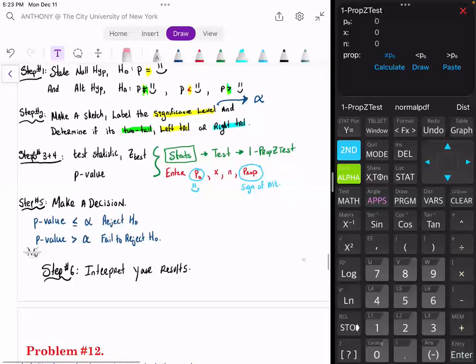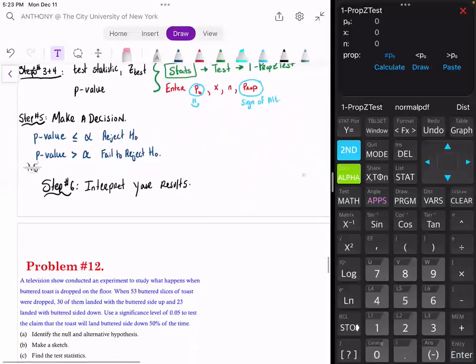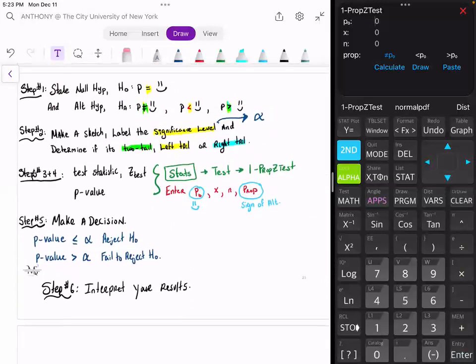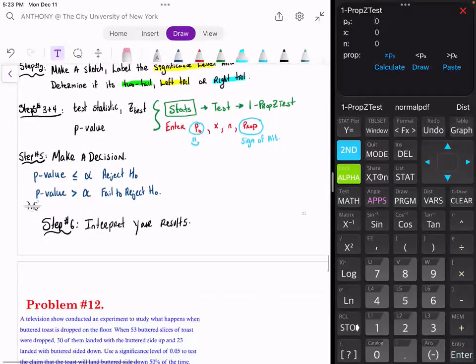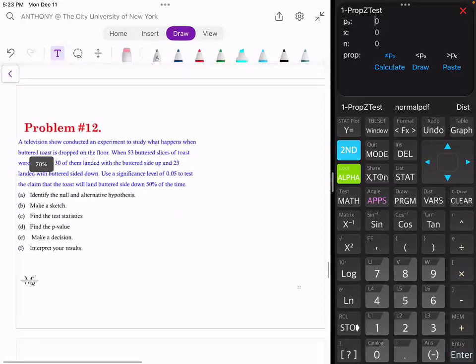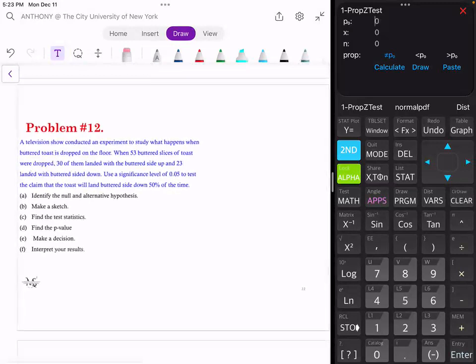Okay. So let's look at problem 12 to see how these 6 steps are being completed. Problem 12 states a television show conducted an experiment to study what happens when a butter toast is dropped on the floor.